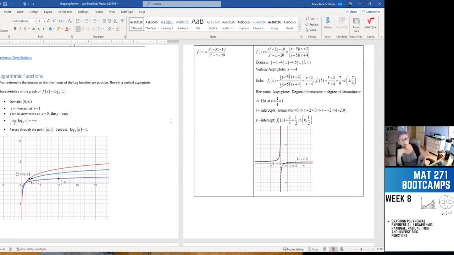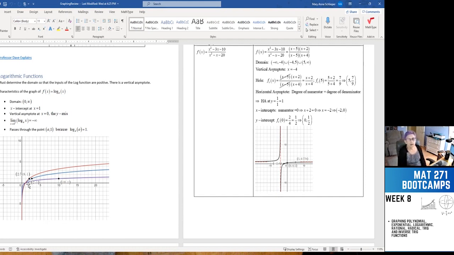But the domain of just plain old log is 0 to infinity. Can't natural log or log 0, and you can't log negative stuff. All log base a functions cross the axis at 1. So the x-intercept is always 1 because logs are exponents and x to the 0 is equal to 1.